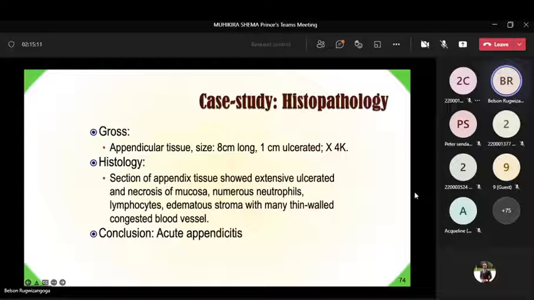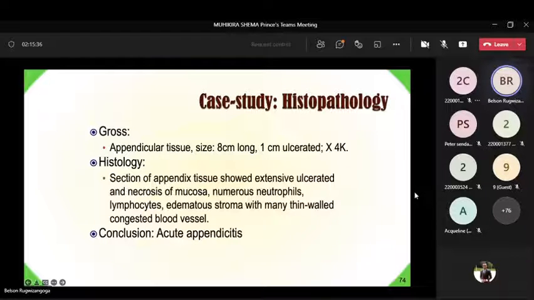So it was the appendicular specimen, 8 centimeters long, 1 centimeter. There was an ulcer of 1 centimeter. So we have taken 4 blocks or cassettes. And on histology, the tissue showed extensive ulceration and necrosis of the mucosa.